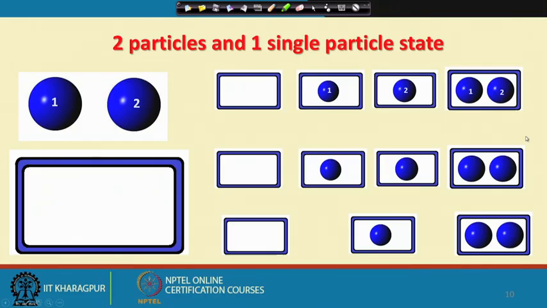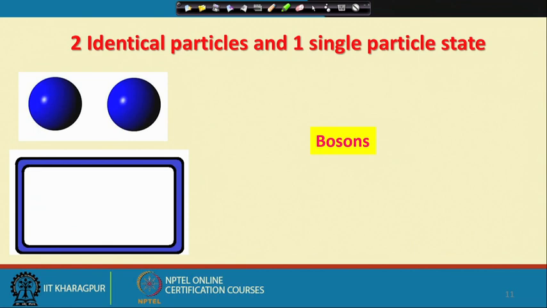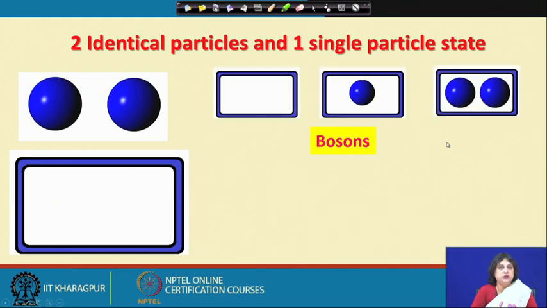Let us now look into a little different rule of the game, where I am going to use different conditions for the values of n. And where did we see these different rules? In the case of bosons and fermions. So, let us first look at the possible ways in which you can represent the microscopic states of bosons.